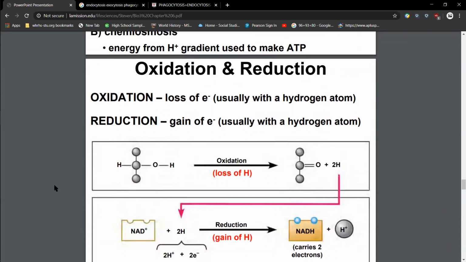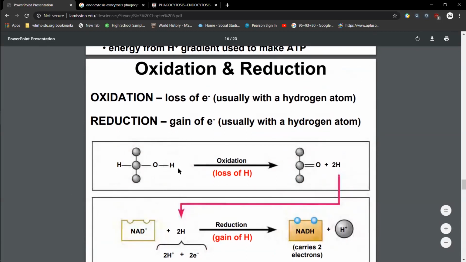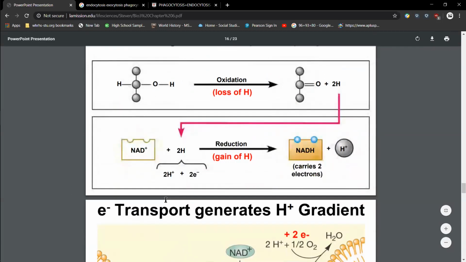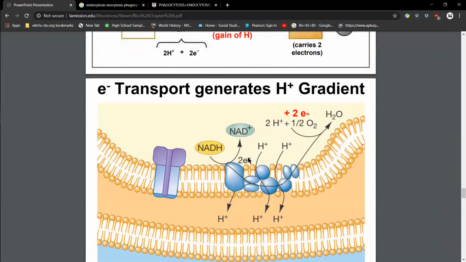So how does this relate back to the electron transport chain? Remember how I said the electron first will get released from the NADH and bind to the first protein. Then it gets released from the first protein, binds to the second, and so on until it finally binds to oxygen to create water.